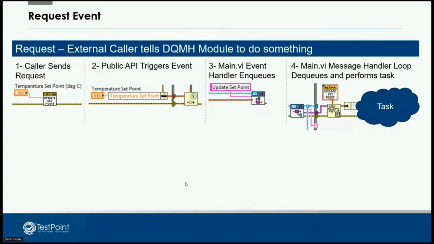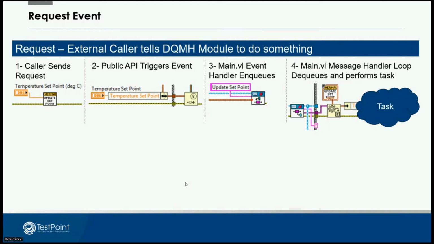Inside of that VI, there's a public API that triggers an event. And you don't have to create these events. They all get created for you by the tooling that's around DQMH. And so that set point gets into here. Eventually, it calls this event. This event then triggers a queue in the main VI that then enqueues some sort of message.